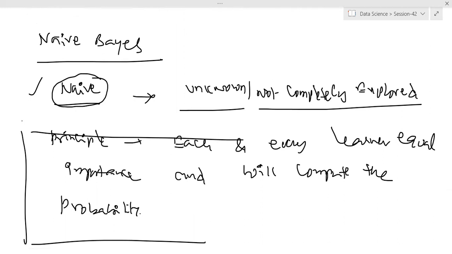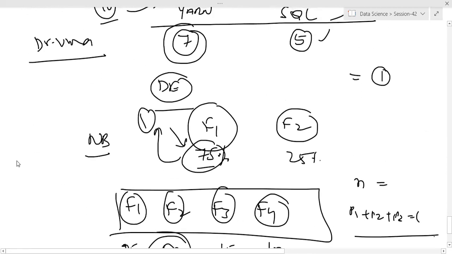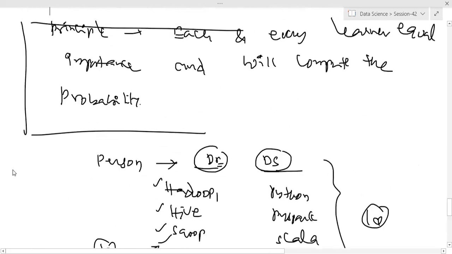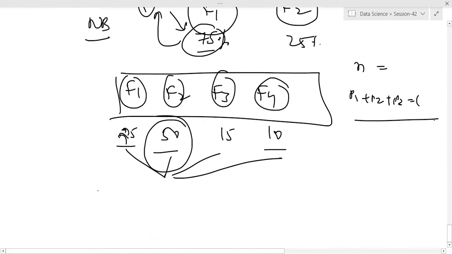Suppose one algorithm is there, and that particular algorithm is assuming that one point is giving importance to another point. In the discussion of naive Bayes we have seen this long back.